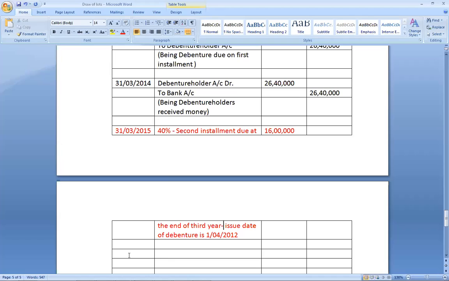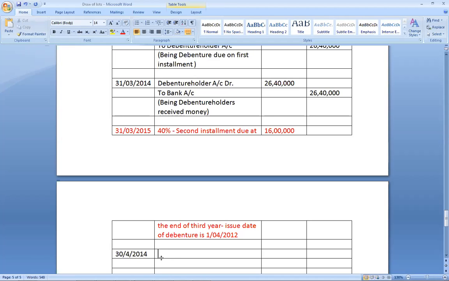So tell me the date for investment. You have to make the investment 11 months before the installment is due. Always remember, investment is on 30 April. Now you tell me, this 2015 minus 1 year, 2014.